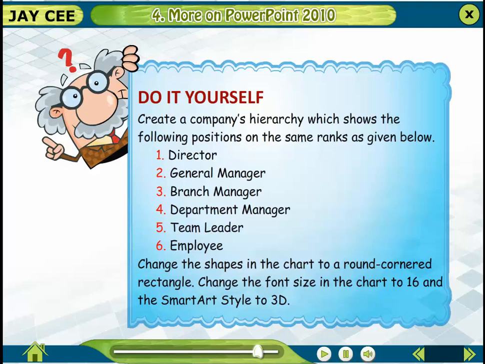General Manager. 3. Branch Manager. 4. Department Manager. 5. Team Leader. 6. Employee. Change the shapes in the chart to a round-cornered rectangle. Change the font size in the chart to 16 and the SmartArt style to 3D.